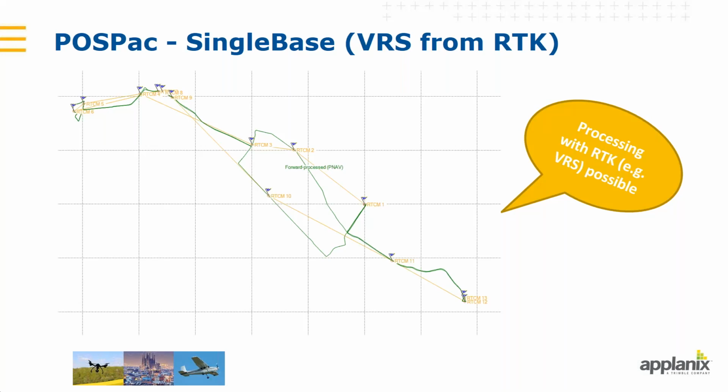So this is an example, a screenshot from POSPac. You see the trajectory, you see with blue flags the position of the virtual reference station. So this is the concept when you recorded real-time correction data, and the real-time correction data can be used in the single base mode.